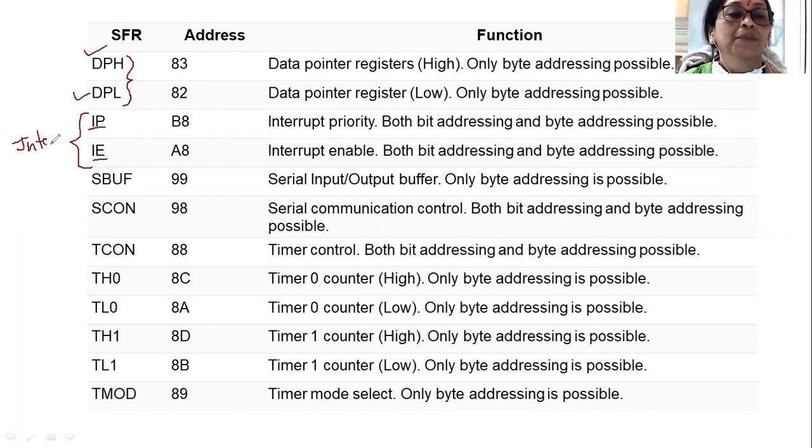Students, can you tell me what is the meaning of interrupt? Already we have studied this, no? Then you should be able to tell me what the meaning of interrupt is.